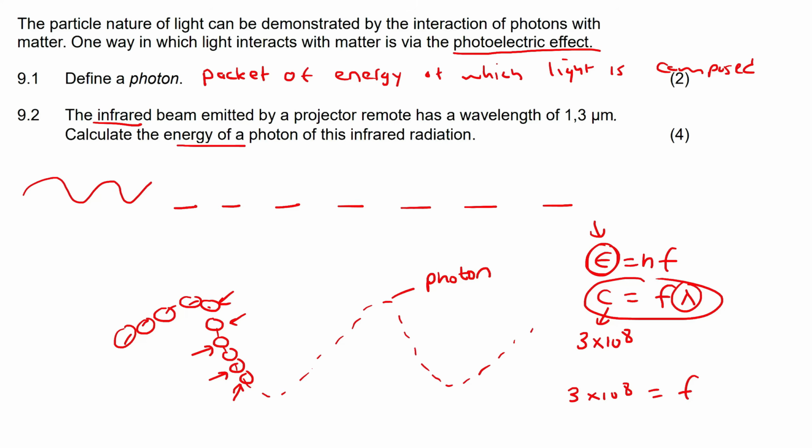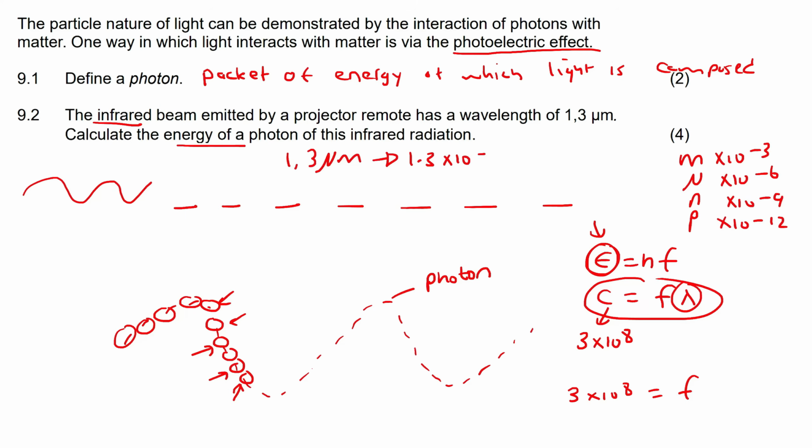So that catches a lot of learners. Just like we see with electrostatics, you need to know how to convert. So this one is always times 10 to the minus 3, times 10 to the minus 6, times 10 to the minus 9, times 10 to the minus 12. So to convert this to meters, you would say 1.3 times 10 to the minus 6, because we can see that over there.